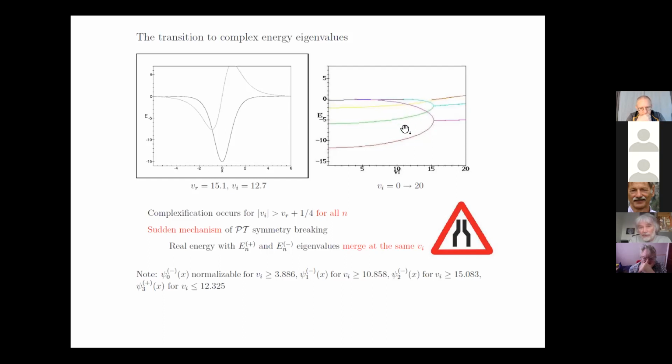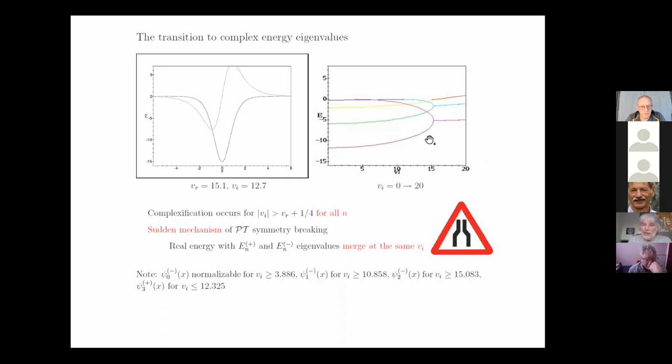Here, for example, and they merge at a certain critical point, and from that time on, they continue as complex conjugate pairs. Here I am just indicating the real component. The imaginary component is increasing as you go away to the larger values of non-hermiticity.